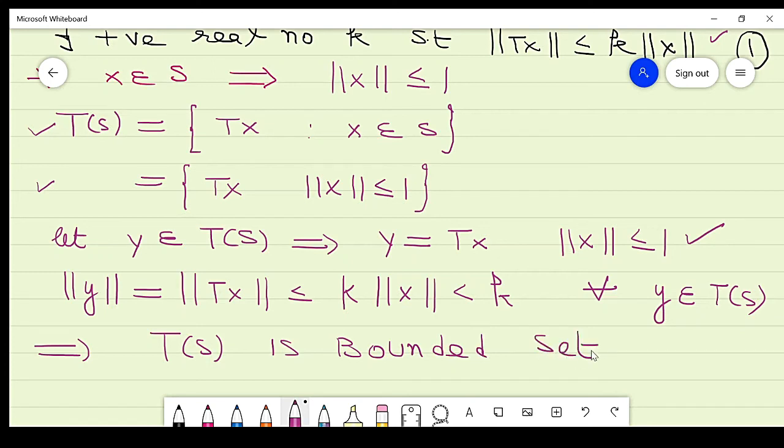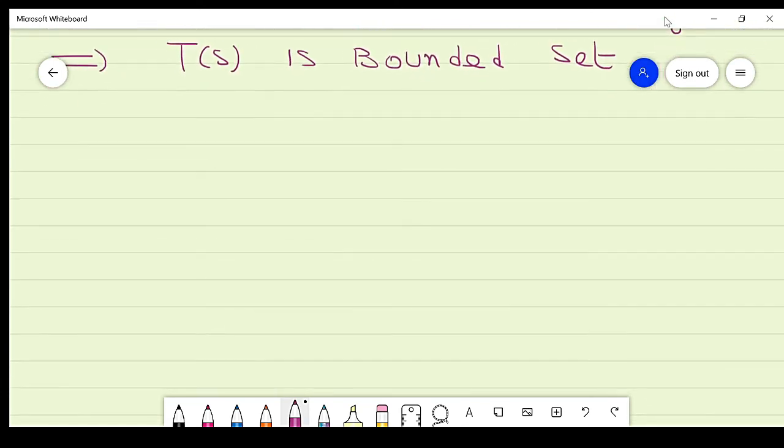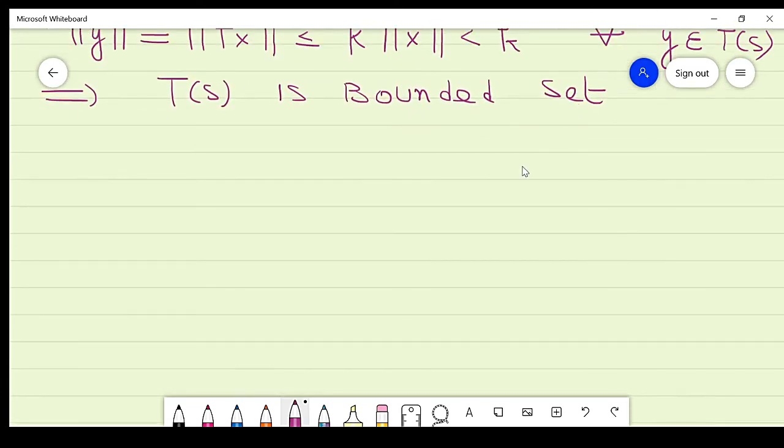So this proves our result number 4. So third implies fourth. Now the converse part. From the converse part, the given is that T of S is a bounded set.